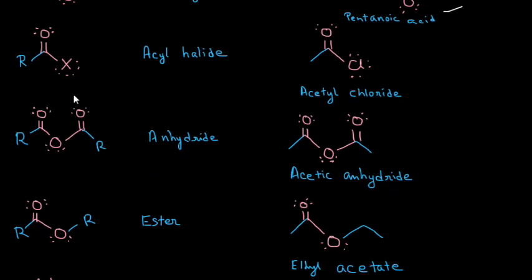Next, RCOX, that is acyl halide. Our example is acetyl chloride. Now next is anhydride. Our example is acetic anhydride.